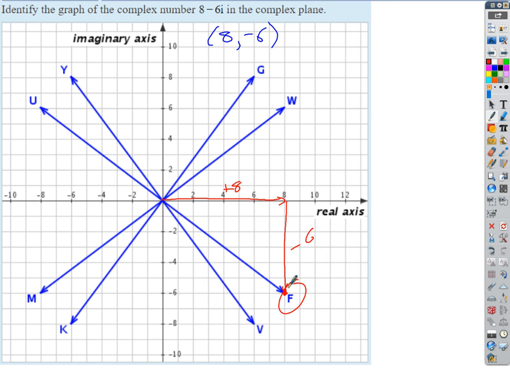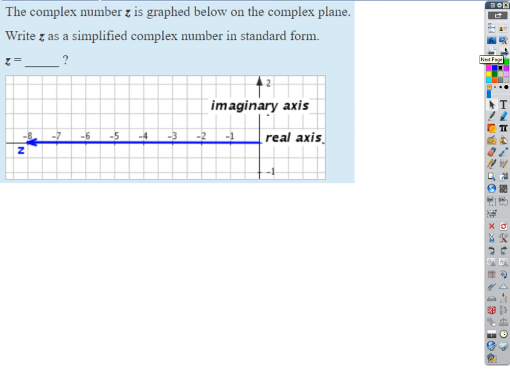Okay? Good, good. All right, so speaking of that, write this as a complex number then. What's it going to look like? Okay, so z equals a plus bi. Well, what's a in this case?